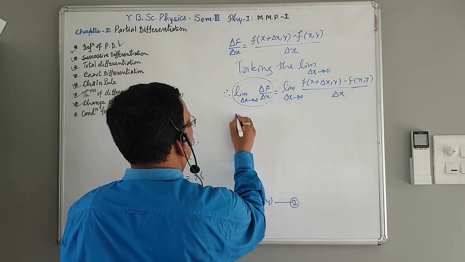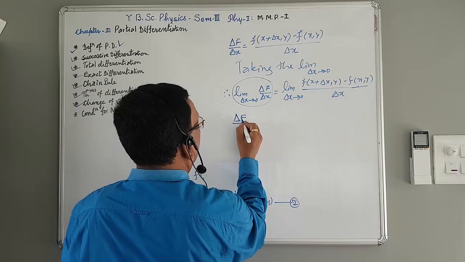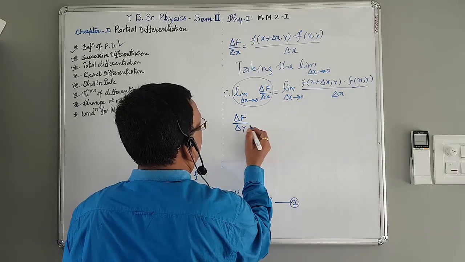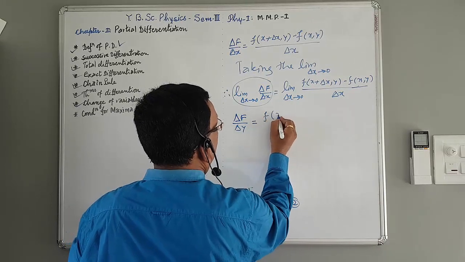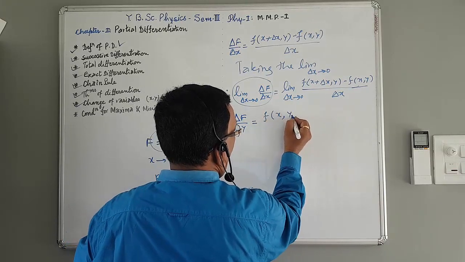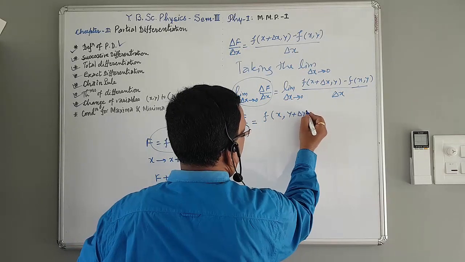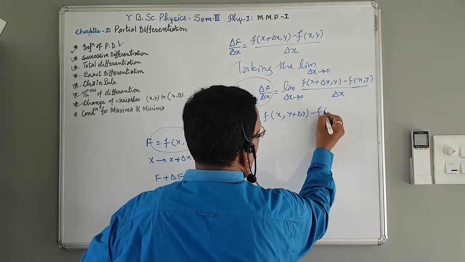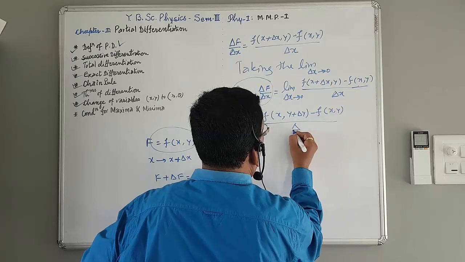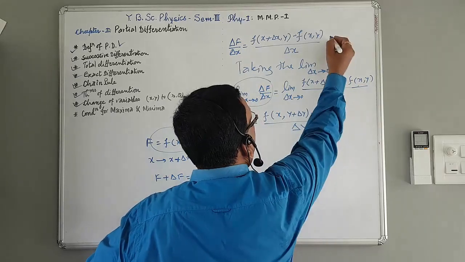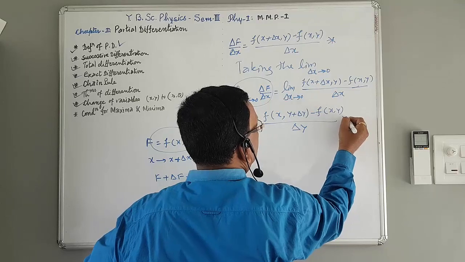In a similar way, we can write delta f by delta y is equal to f of x comma y plus delta y minus f of x, y, upon delta y. Then what is the difference between these two equations?